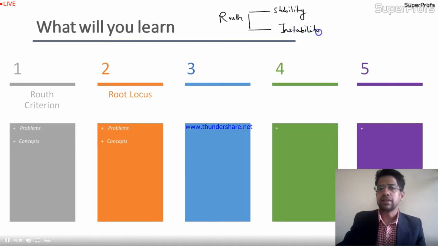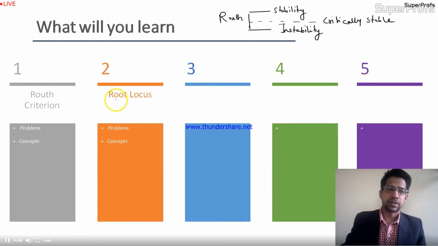When you are given a system, you can say the system is stable, unstable, or maybe critically stable. This is the idea you get from Routh's criteria, which is not the case with root locus. So basically this is the algebraic method.